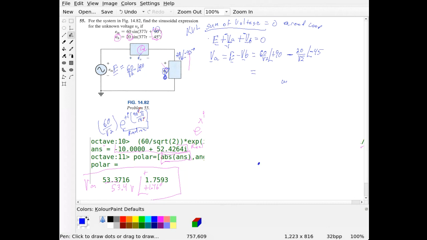So E is going this way, straight up at plus 90 degrees. Okay, so this is E, which is 60 divided by the square root of 2 at an angle of plus 90 degrees. This should be a perfect straight angle, but of course it wasn't.